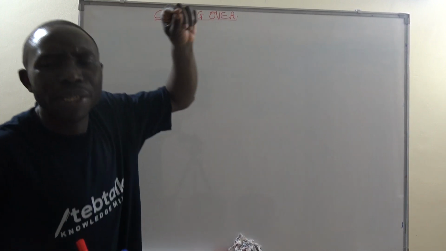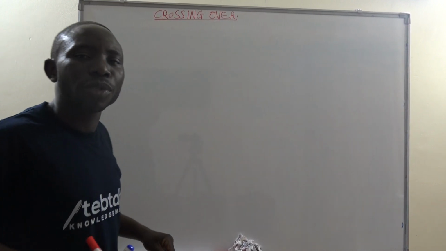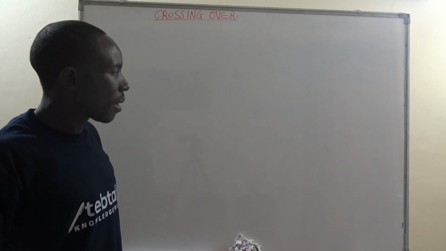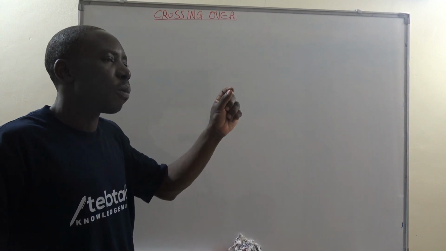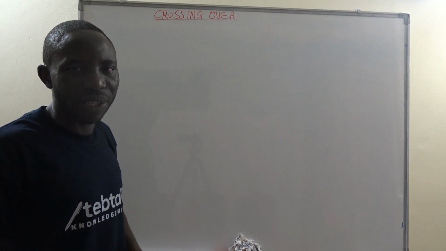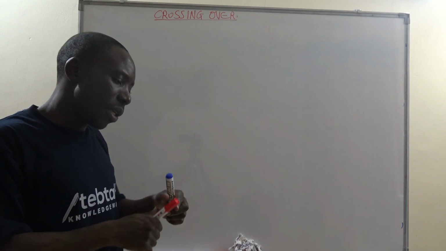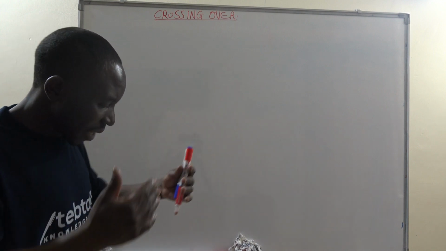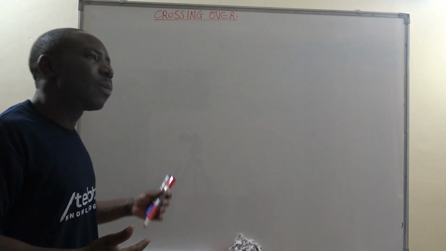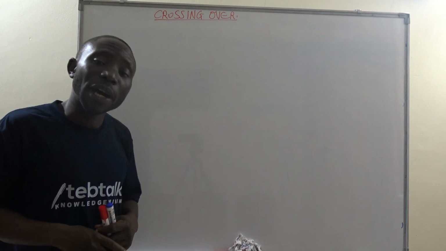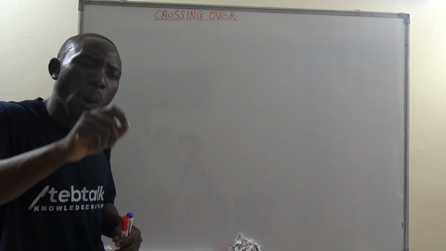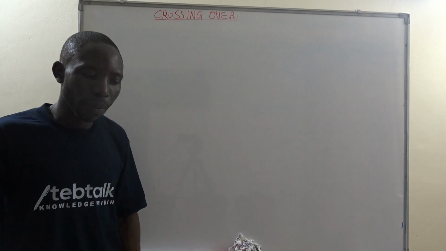But in reality, even when there is linkage, we can form 4 phenotypic classes. So what does it mean? It means that practically there is no total linkage.